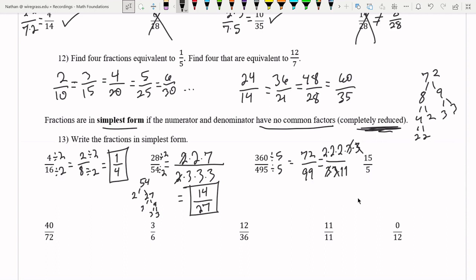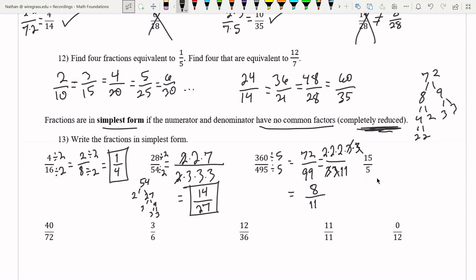So I'm going to cancel both of those. That leaves me with 2 times 2 times 2, or 8, and then 11 in the denominator. So these two fractions are equivalent, and 8 over 11 is the simplest form of this fraction.